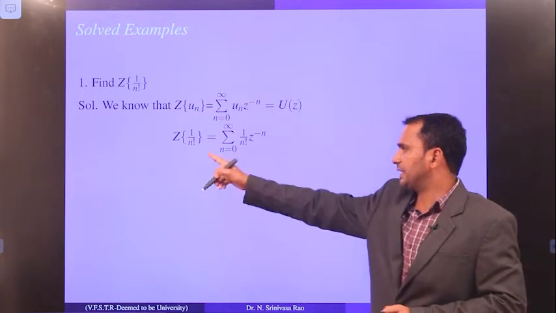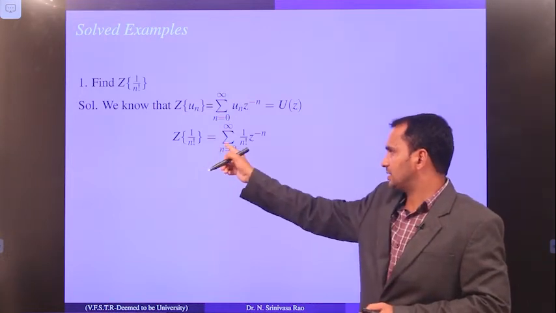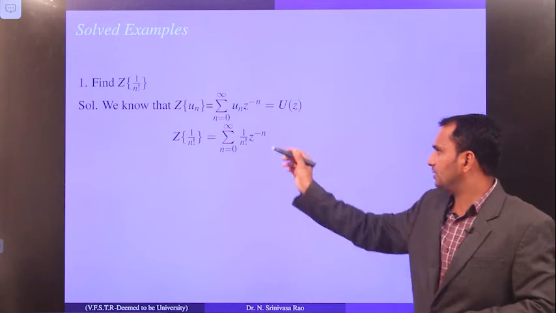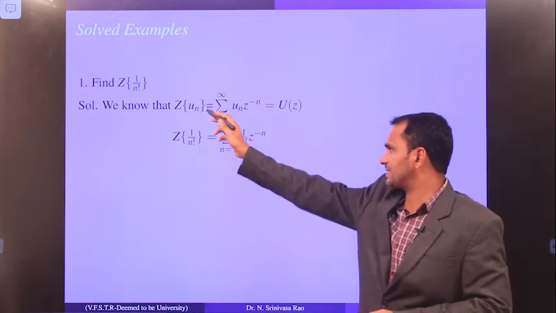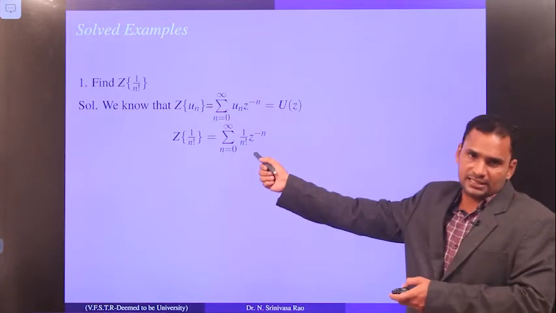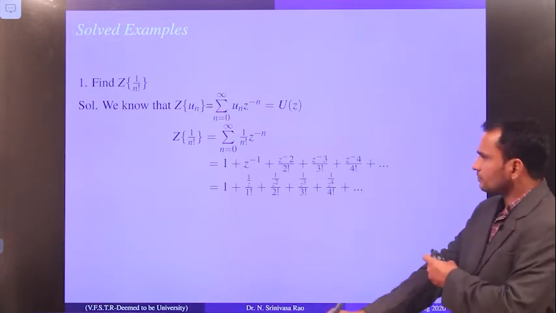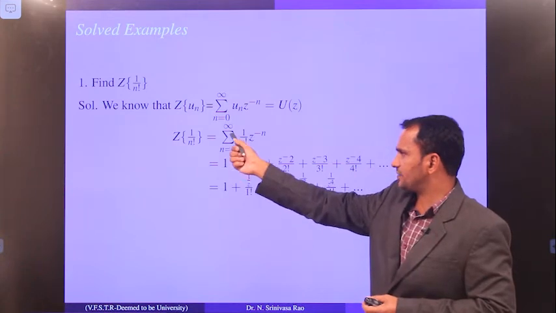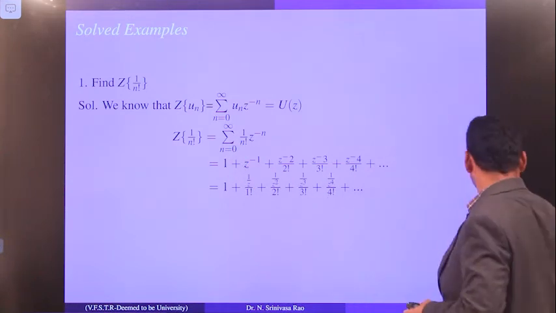Now Z of 1 by n factorial is sigma n equals 0 to infinity. What is u n here? u n is the sequence 1 by n factorial, into z to the power minus n, where n runs from 0 to infinity.